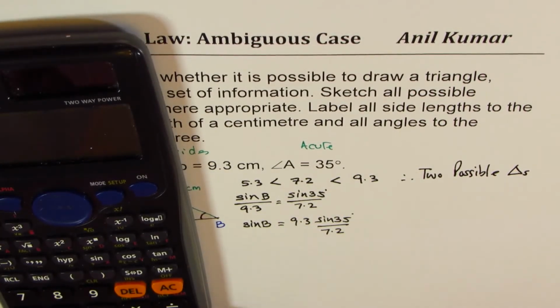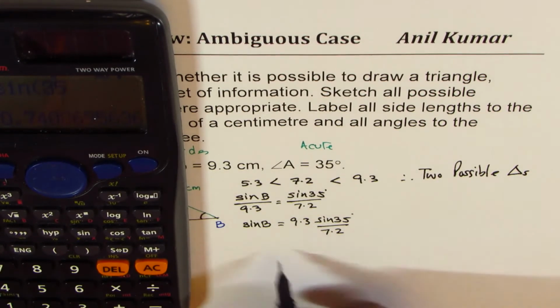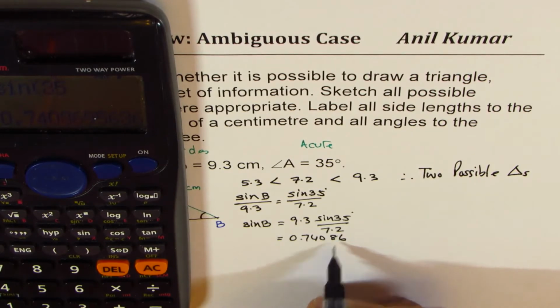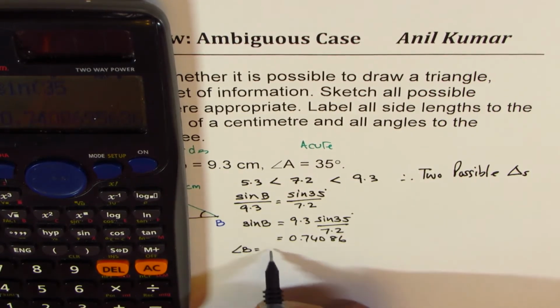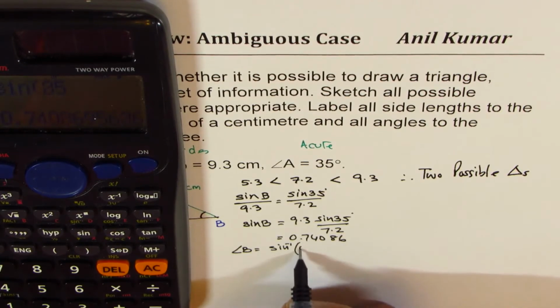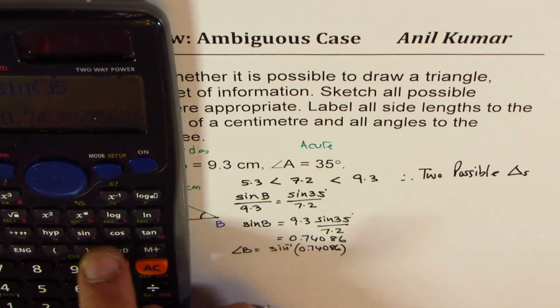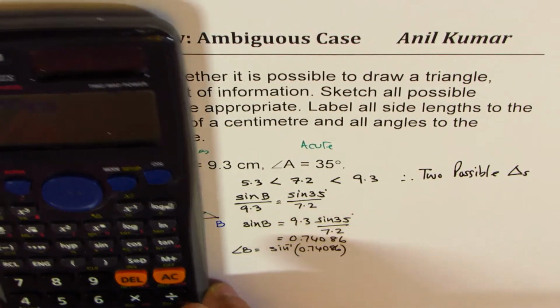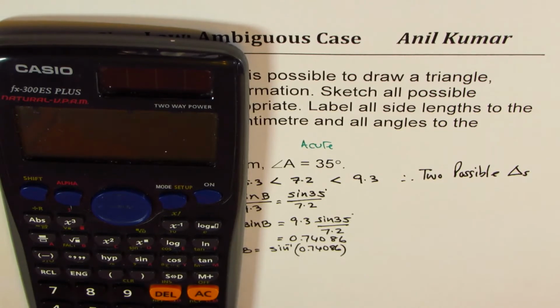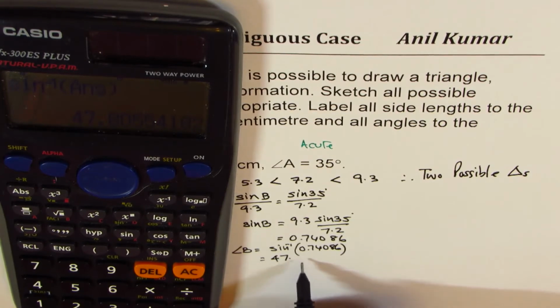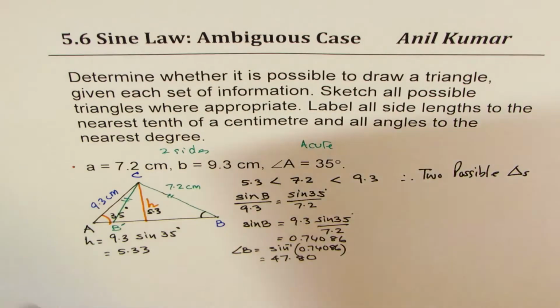We can do 9.3 divided by 7.2 multiplied by sine 35 equals, in decimals, 0.74086, right? So what is angle B equal to? Angle B is sine inverse of all this. We will shift sine inverse of our answer, and that is equal to 47.80, right? So this is 47.8.